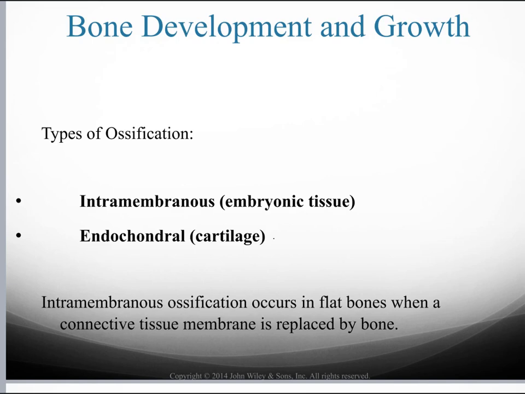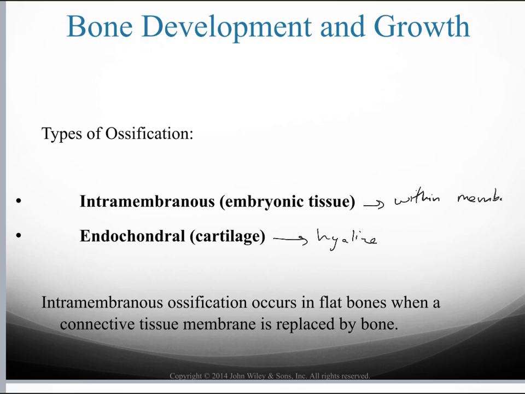So that brings us to our types of ossification. So we already outlined endochondral ossification. It's from this hyaline cartilage model. So in utero, our skeleton is this hyaline cartilage framework that will eventually be starved and then replaced with bone. Now the next and second is intramembranous. So look at intramembranous: within a membrane.